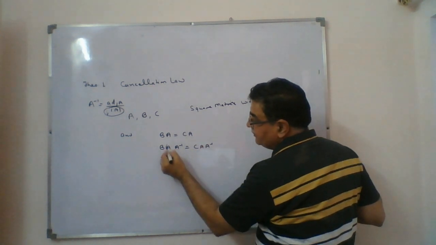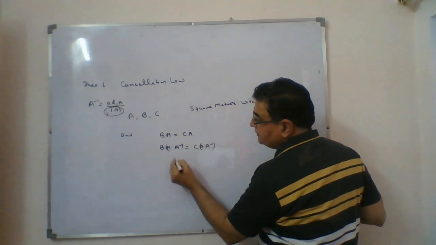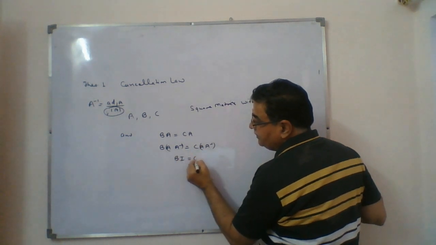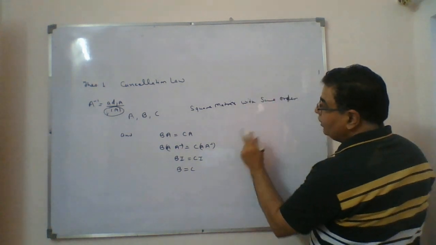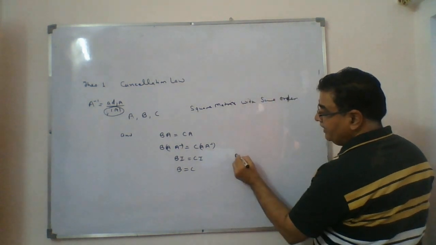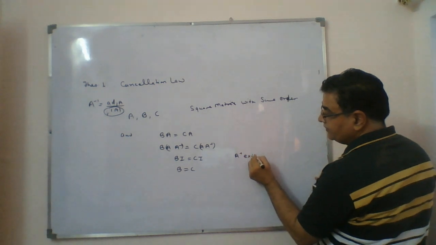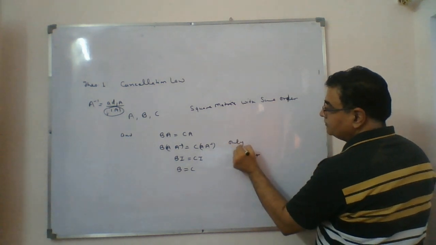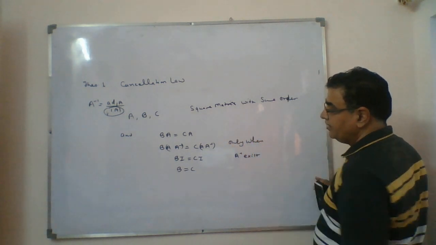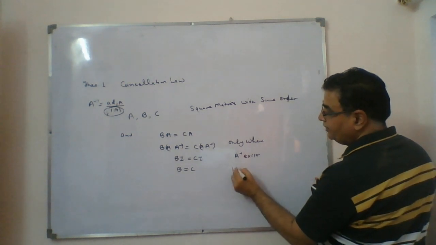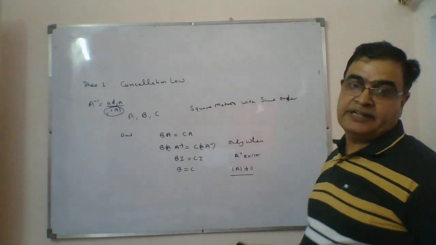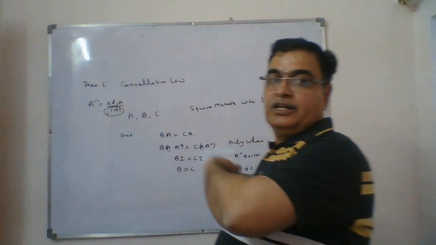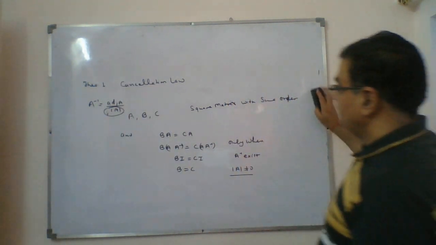Clearly this part is identity, this part is identity, BI will be CI, or we say B is equal to C, only when A inverse exists. And A inverse exists means determinant A should not be 0. So this is called cancellation law. One is left cancellation, another is right cancellation law.